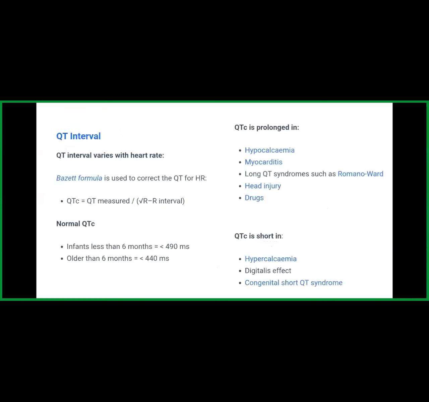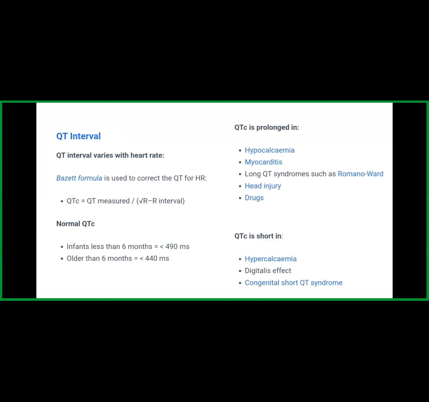QT interval, as we have seen, is calculated from the start of Q to the end of T. It varies with heart rate. The corrected QT interval is calculated by dividing the QT by the square root of the RR interval. Usually in children less than 6 months it should be less than 490 milliseconds, and above 6 months less than 440 milliseconds.